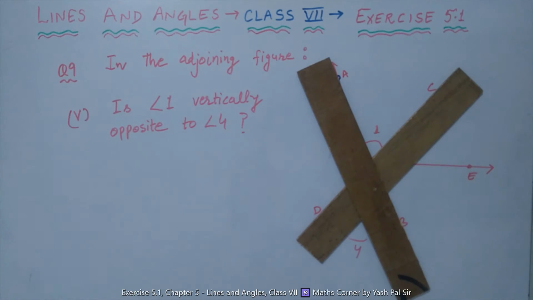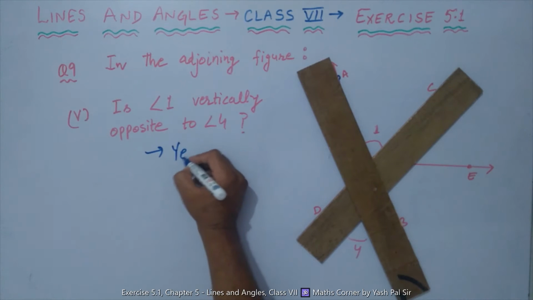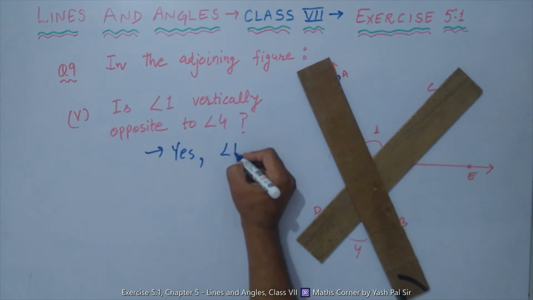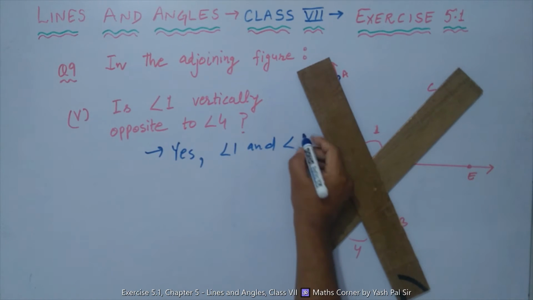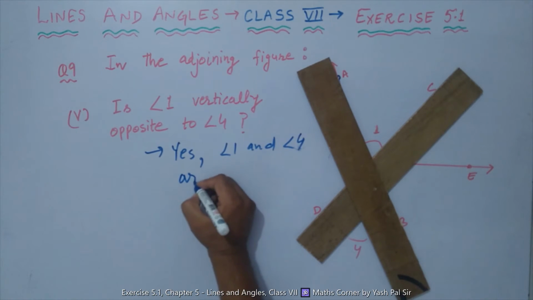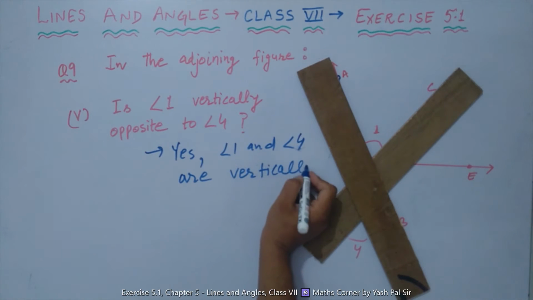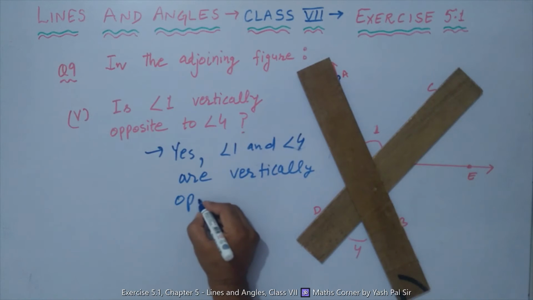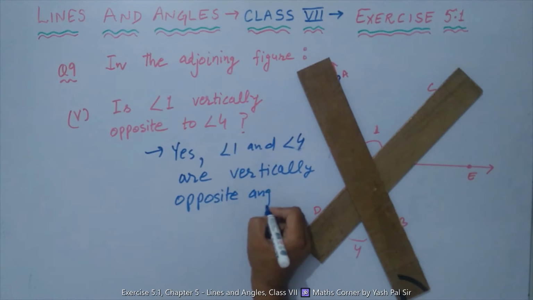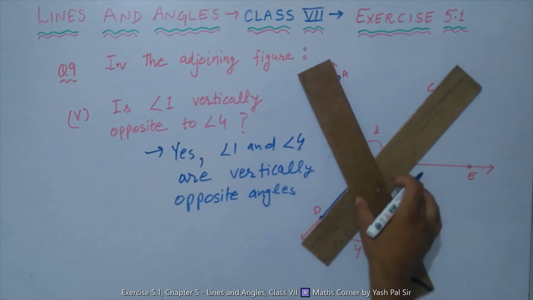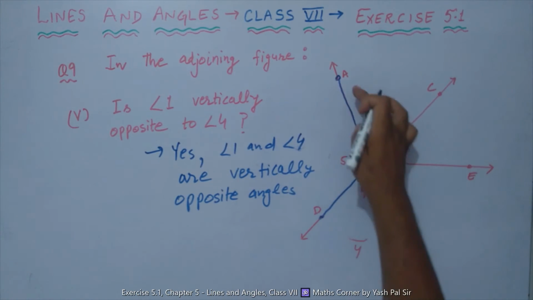So the answer is yes. Angle 1 and angle 4 are vertically opposite angles, right? Because they are making a cross sign.